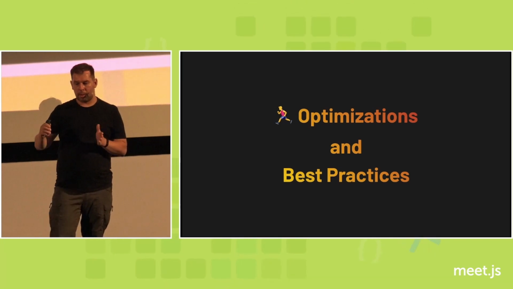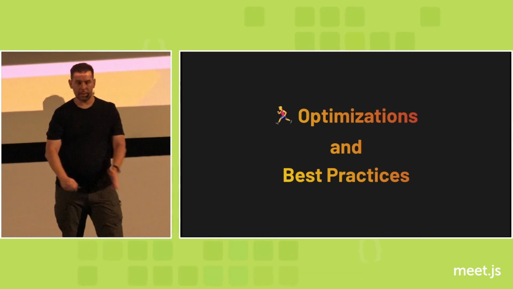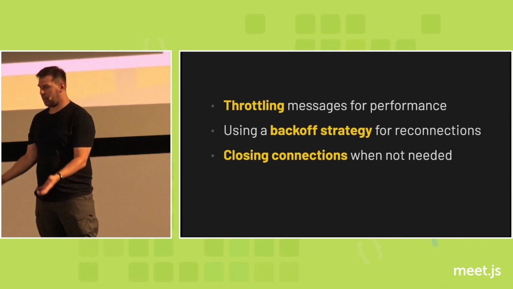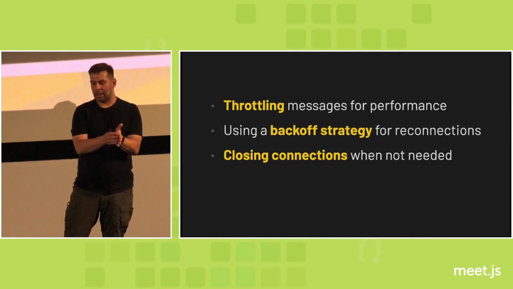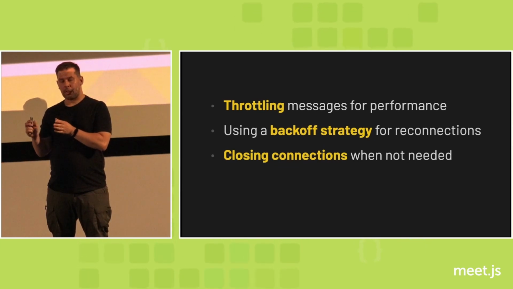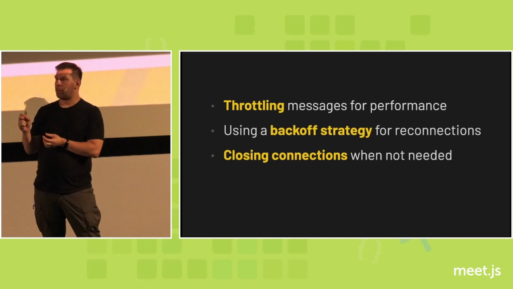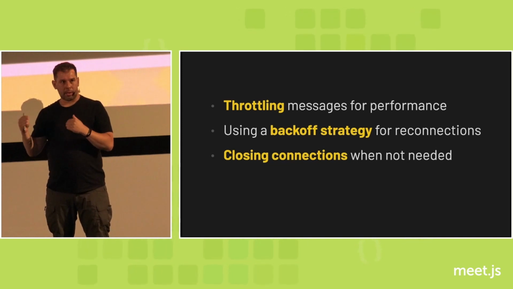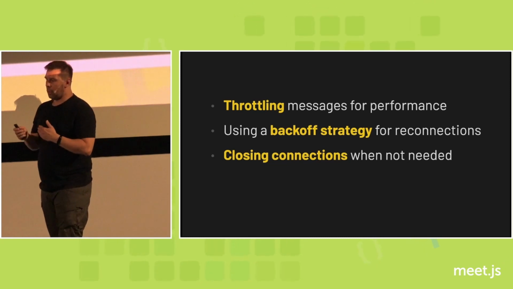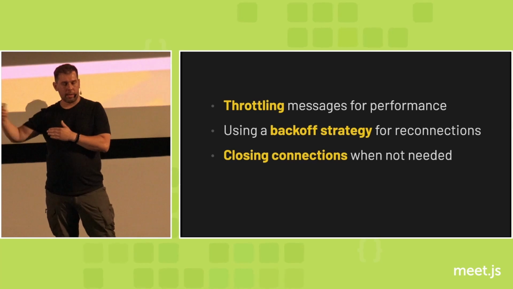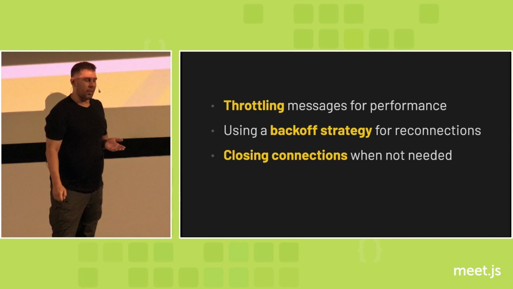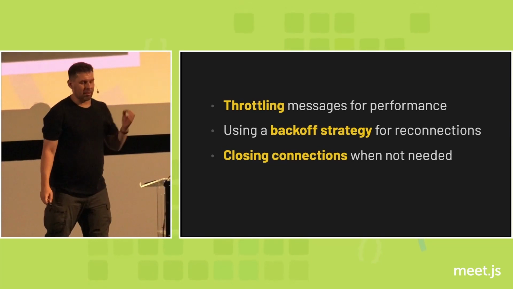For example, if our server is sending a huge amount of events each time, we can use throttling, so make a package of our events or delay sending them, or use a bucket strategy to make a probe, and this probe will detect if our connection is stable, or if we want to make some operations to optimize sending these events to the client, and we want to close the connection when it's not needed, because we have this automatic reconnection.